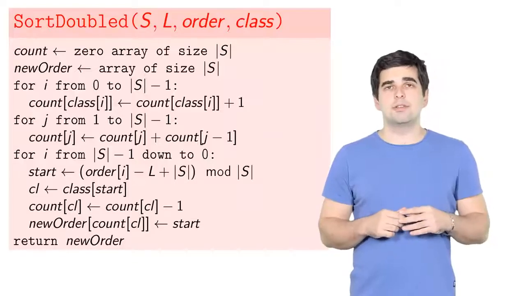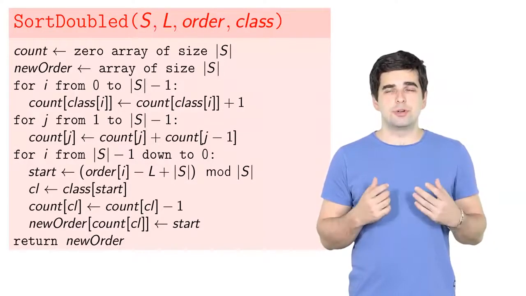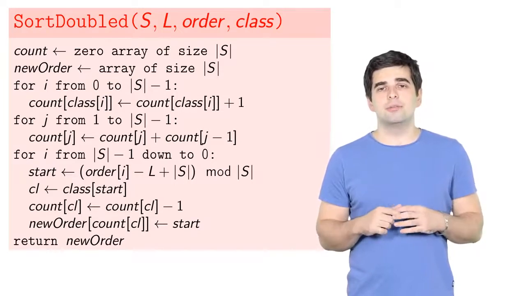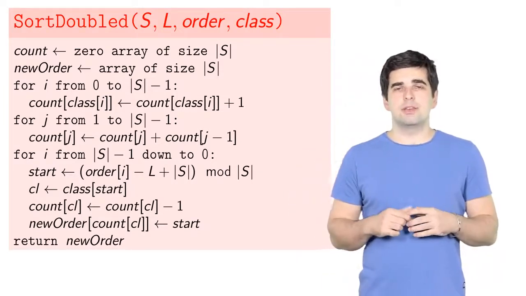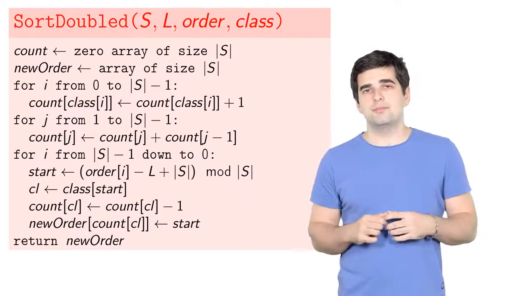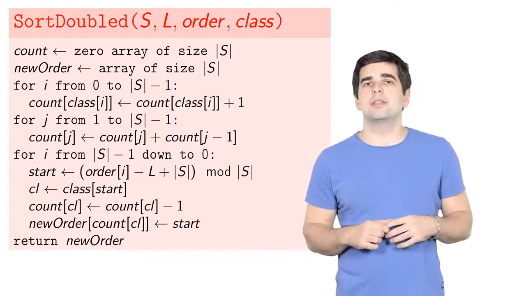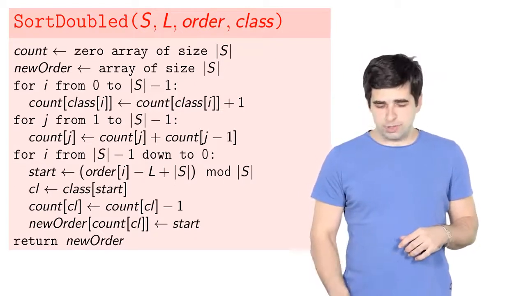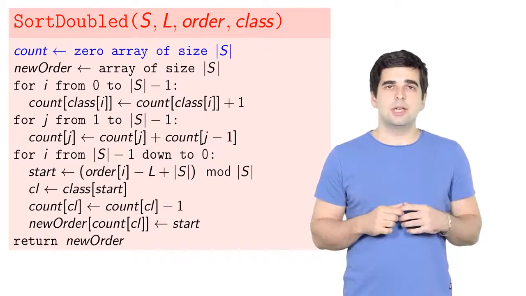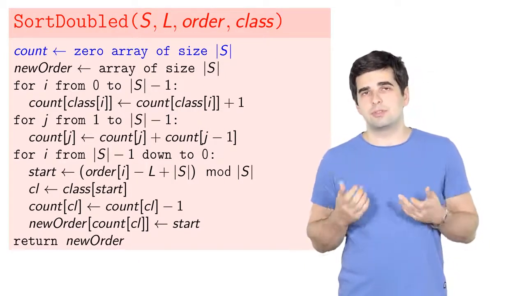Now let's consider the pseudocode for the procedure SortDouble, which will sort the doubled cyclic shifts of length 2L given the string S, the current length L, the order of the cyclic shifts of length L, and their equivalence classes in the array class. We start with initializing the array count with the 0 array of size equal to the length of the string.